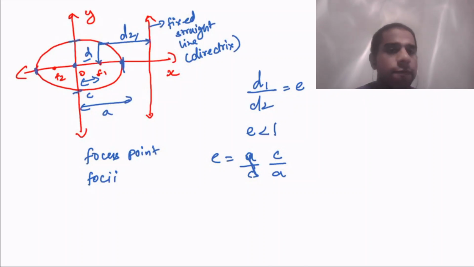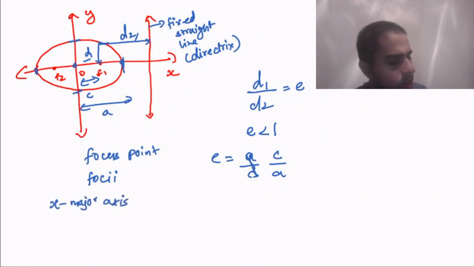Since the focus points lie on the x-axis, the x-axis is called the major axis here and the y-axis is called the minor axis here. So x-axis is major axis, y-axis is minor axis, right?